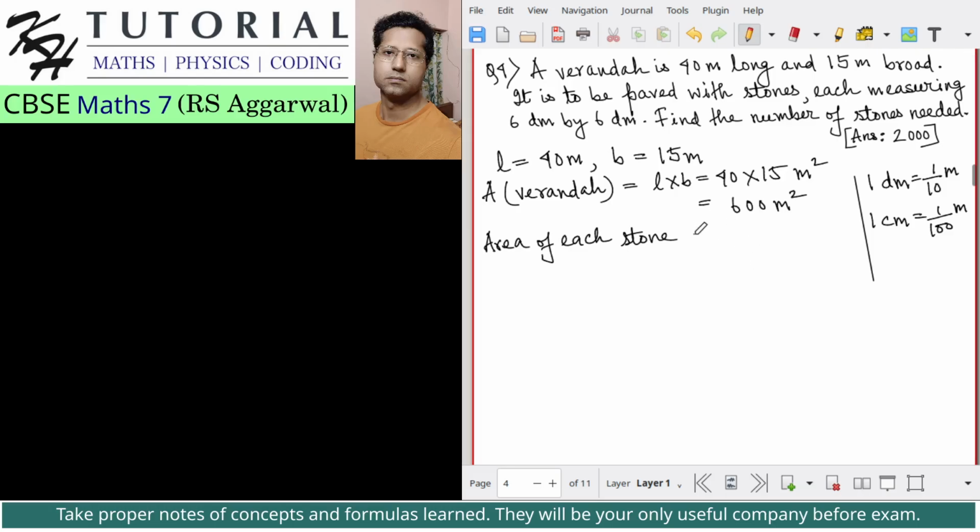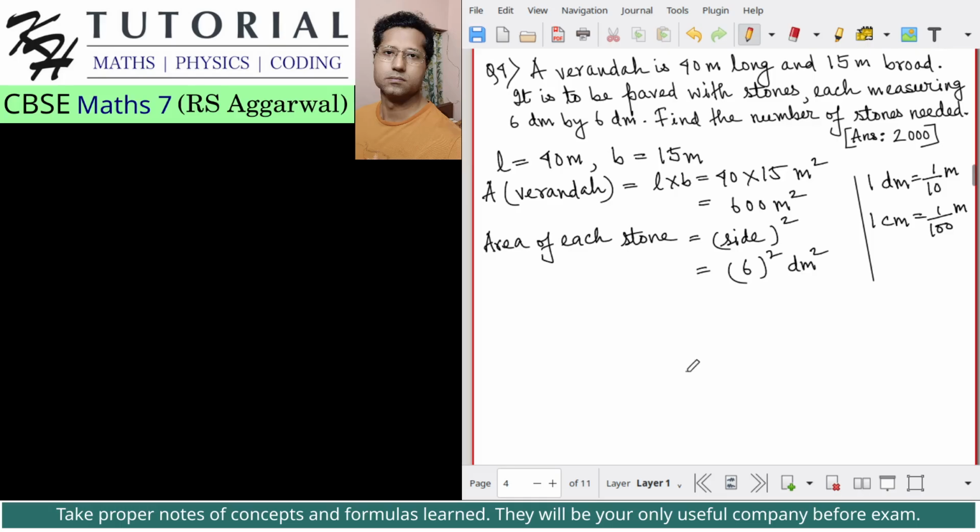So area of each stone will be side square, 6 square dm. Now I have to convert the dm square as meter square.